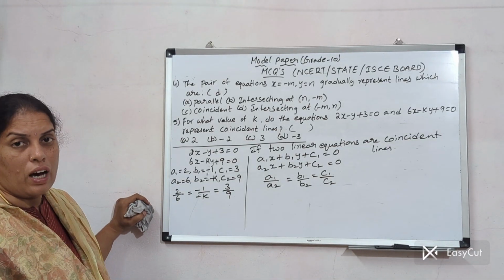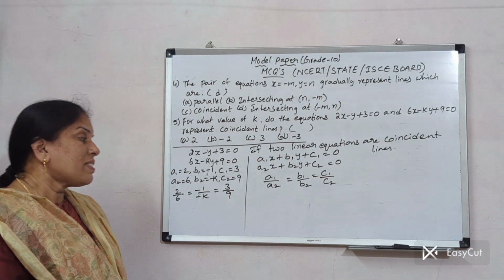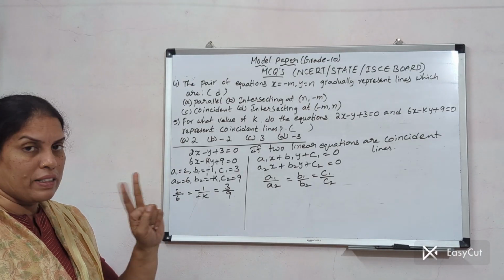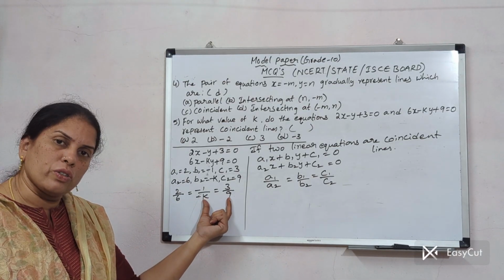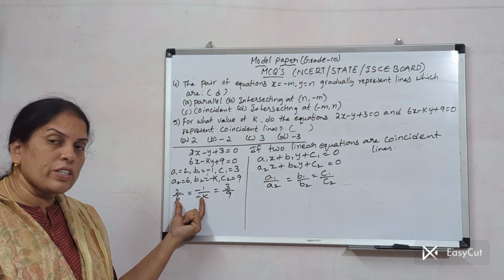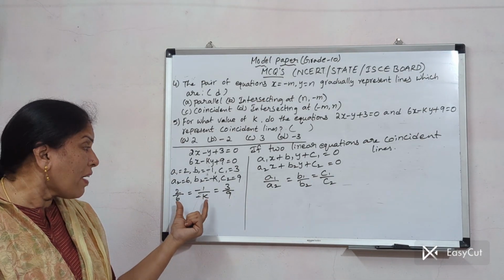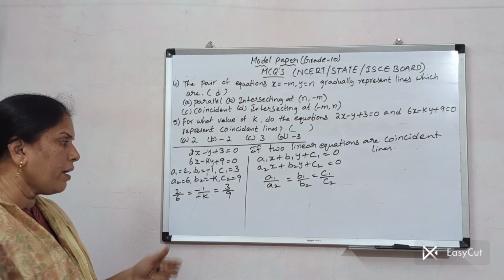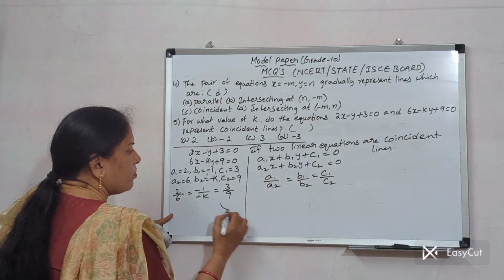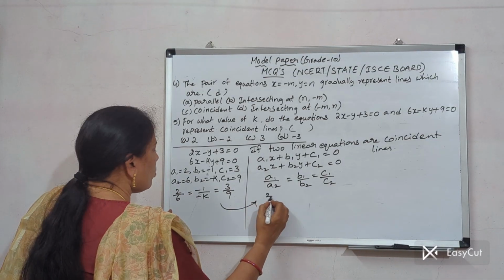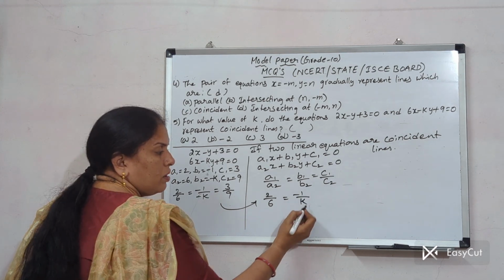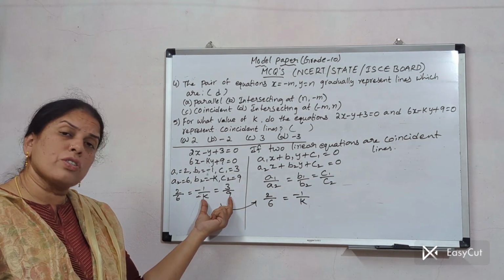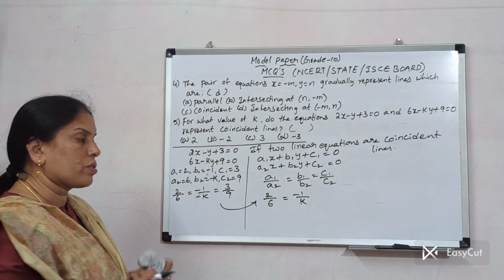Then their coefficients are equal. See here, you can do it in two methods, my dear. In this, you can take these two ratios or these two ratios. Now I take these two ratios equal. 2 by 6 equal to minus 1 by minus k. Or you can take these two ratios also equal. You can take any two ratios.